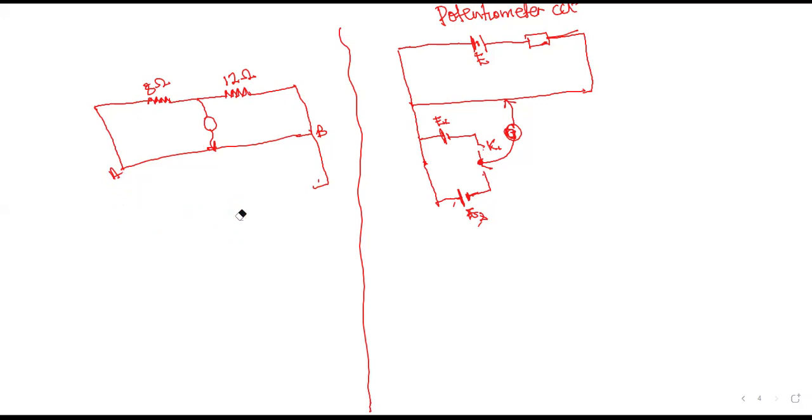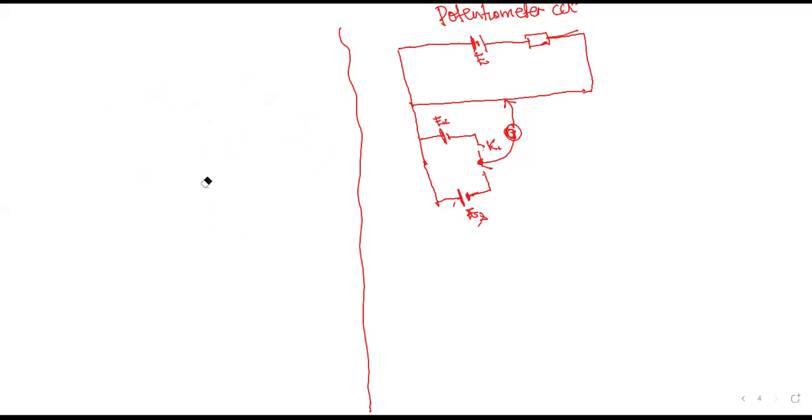The potentiometer circuit, on the other hand, is used to compare the EMF of sources and also to determine the EMF of an unknown source.